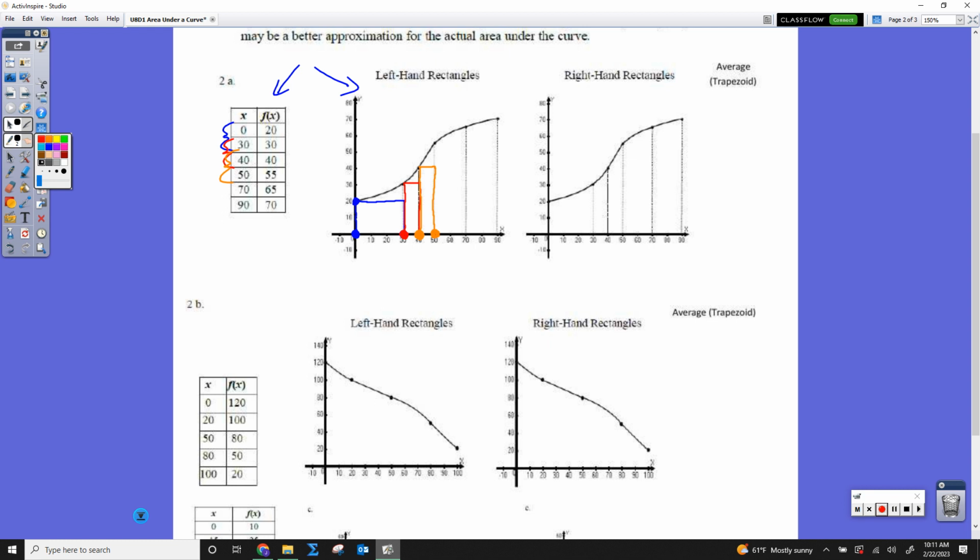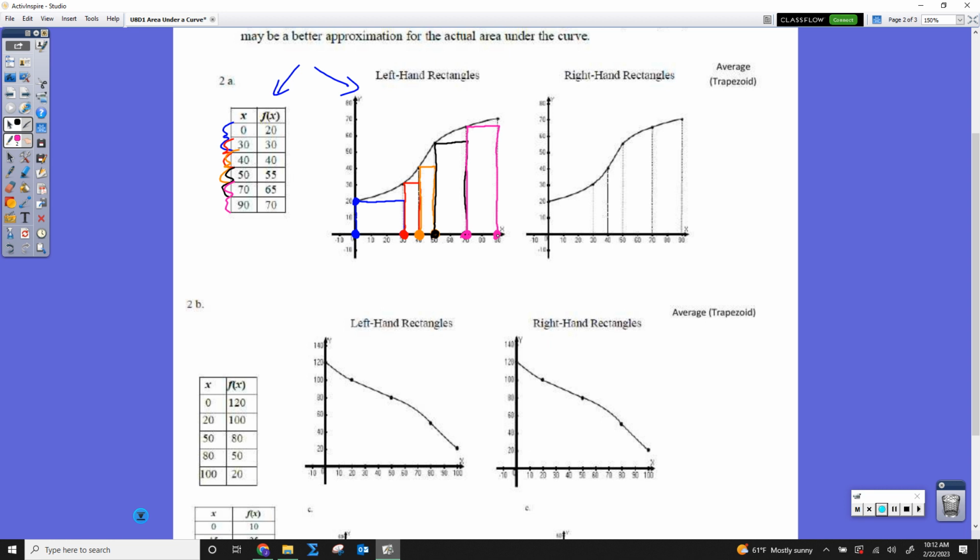Okay, let's go 50 and 70. 50 is on the left, so we go straight up until we hit the graph, flatten across to create a rectangle, back down. Okay, our last, we have colors here, so it'll be 70 and 90. 70 is on the left, so we come up, across, and back down. And so now we've covered the portion that we're interested in as far as finding the area.